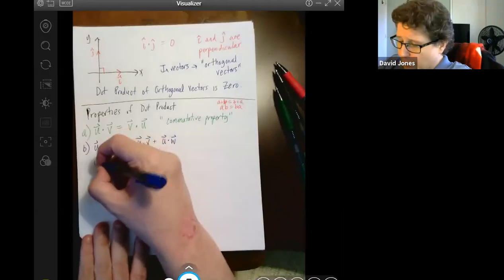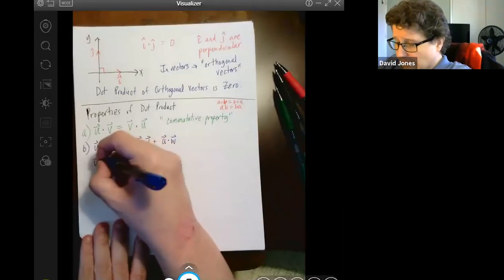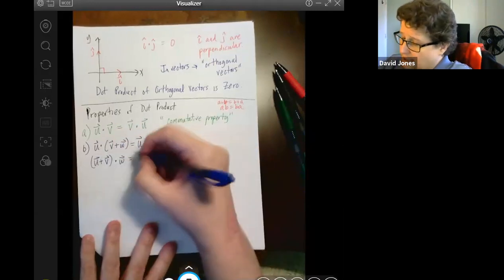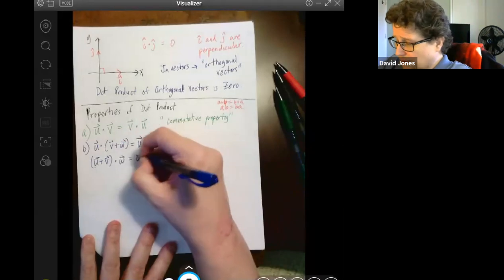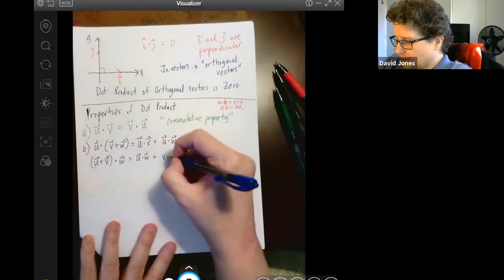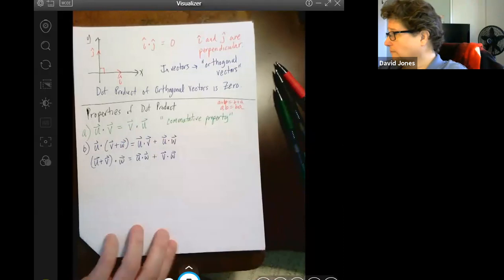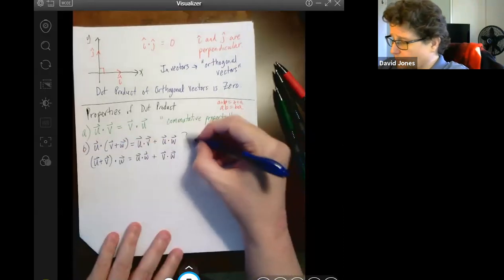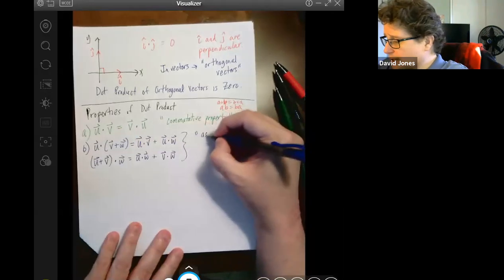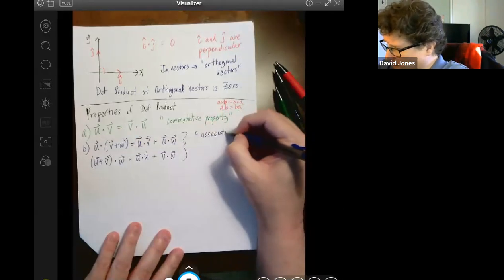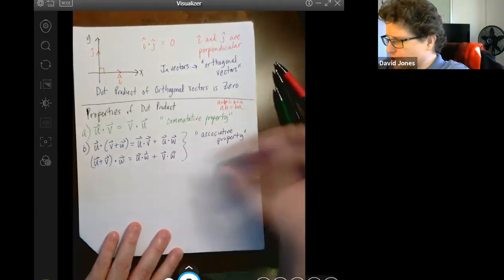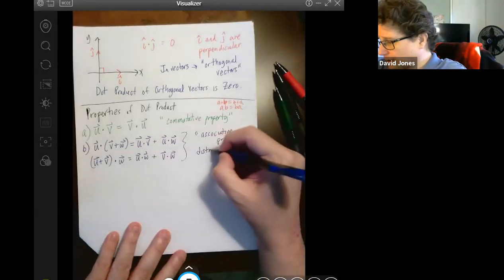We've got u plus v dotted with w is u dotted with w plus v dotted with w. So these are the associative property. And all you're doing is distributing the dot product.